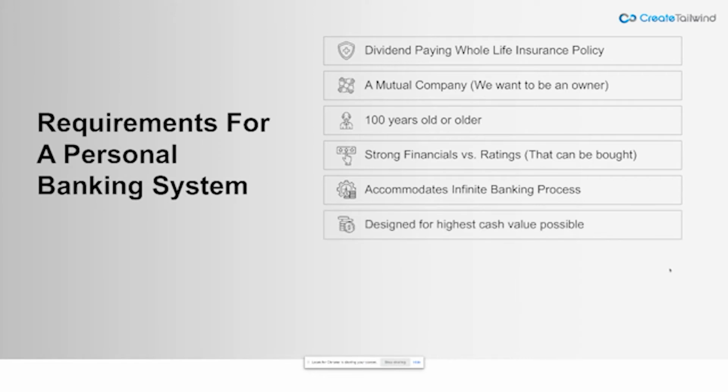Next, designed for the highest cash value possible. There are parameters we want to be within. We want to design the policy with heavier cash value earlier on, but we don't want to go too heavy in the beginning years, because we could create what's called a MEC, a modified endowment contract. We pass that ceiling by trying to force too much premium, or cash, into the policy in the earlier years.